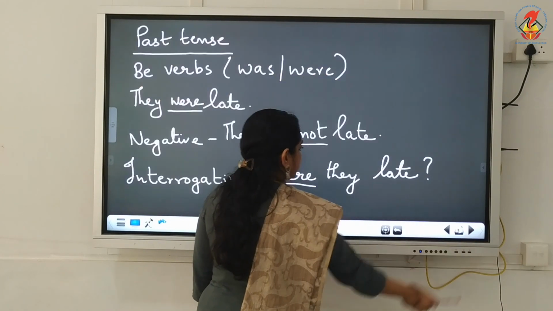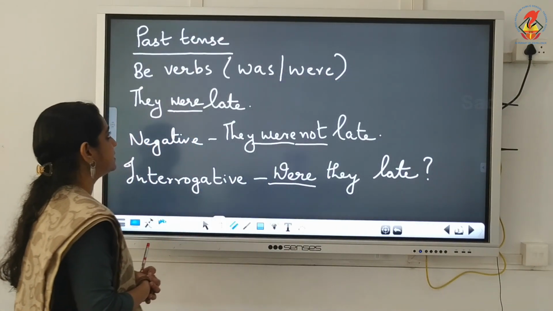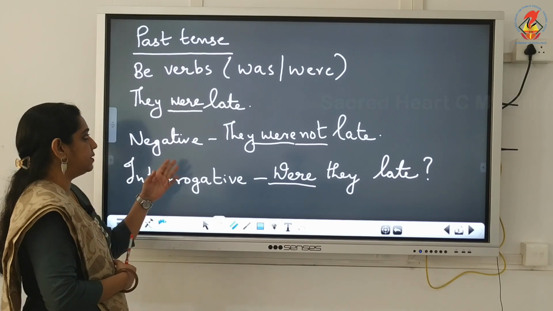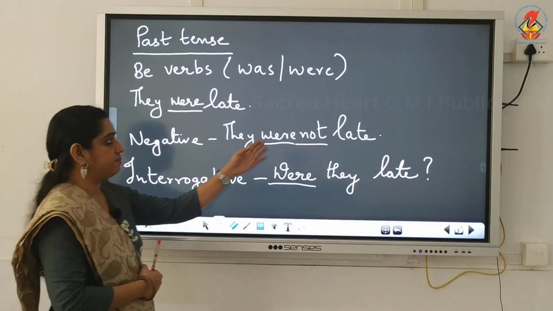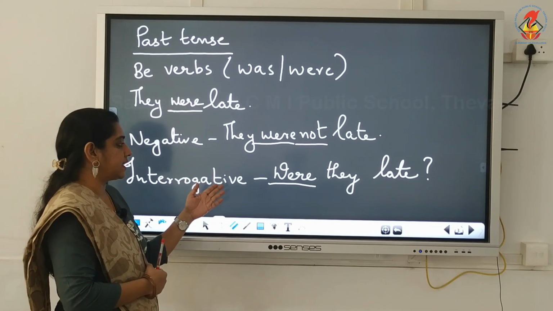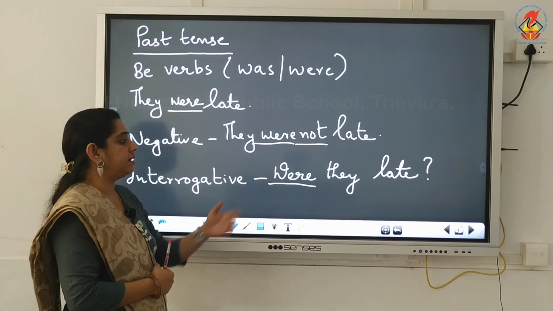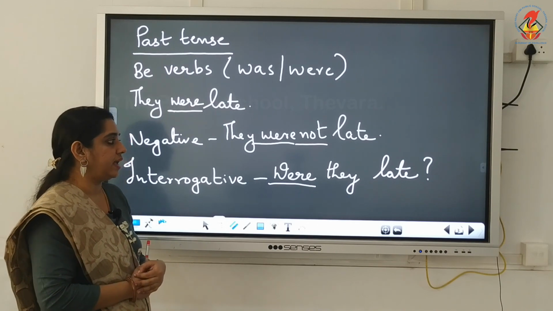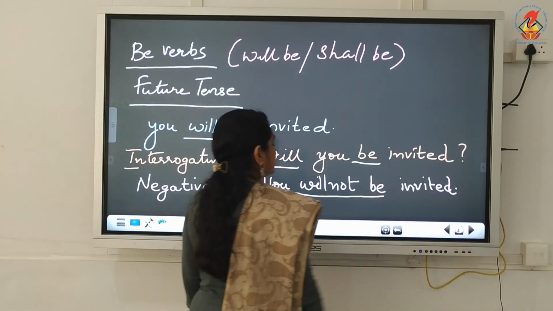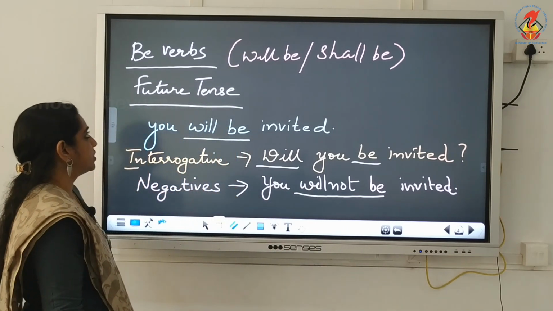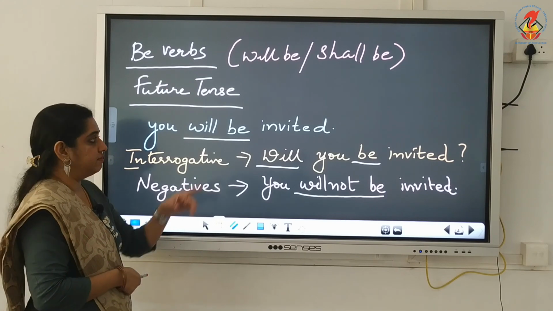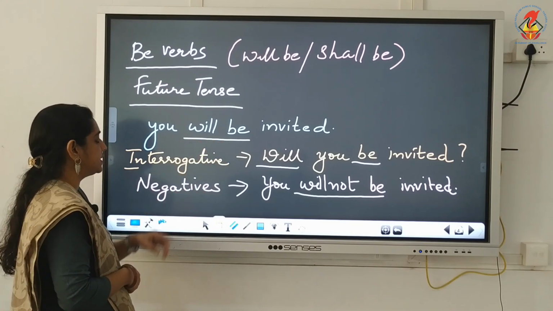Then be verb in past tense, was and were. Then be verb can be used as a negative, were plus not. Then a sentence can be turned to interrogative by adding be verb in the beginning. Were they late? Then what did we study? How be verb is used in future tense. See, you will be invited, will be used in future tense.